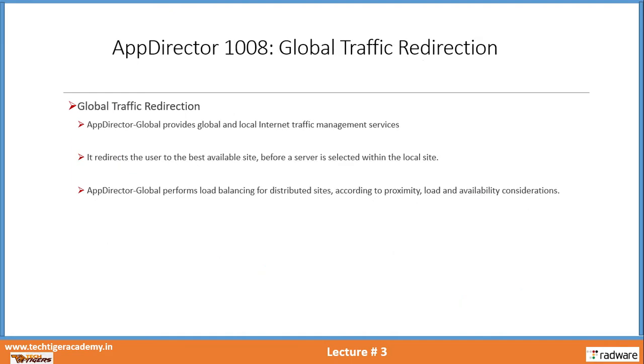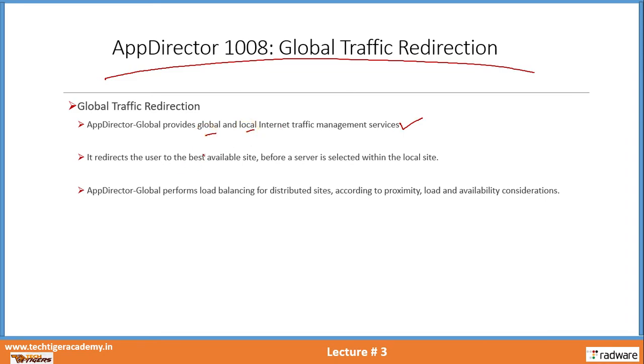Now let's move on. App Director has another role called global traffic redirection. App Director Global provides global and local internet traffic management services. It provides global as well as local.